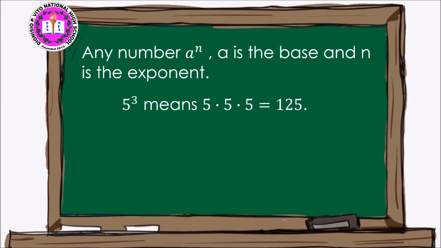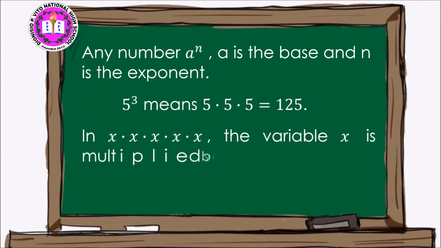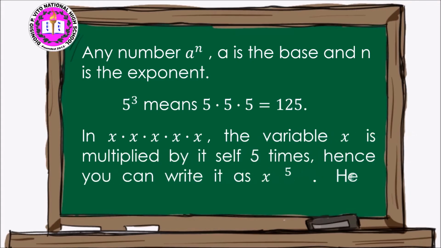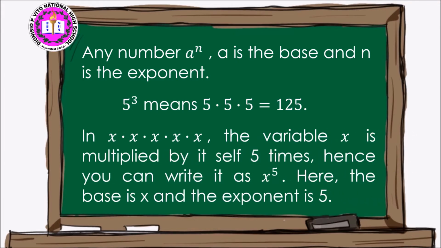For example, 5 cubed means 5 times 5 times 5, which is equal to 125. In x times x times x times x times x, the variable x is multiplied by itself 5 times, hence you can write it as x raised to 5. Here, the base is x and the exponent is 5.